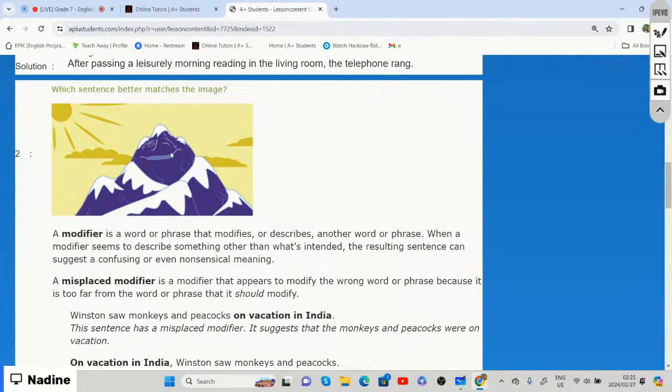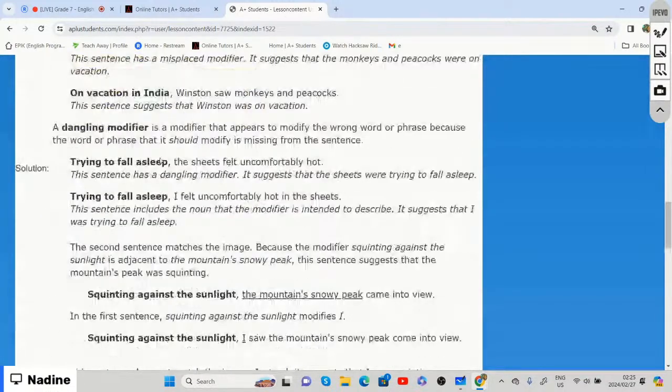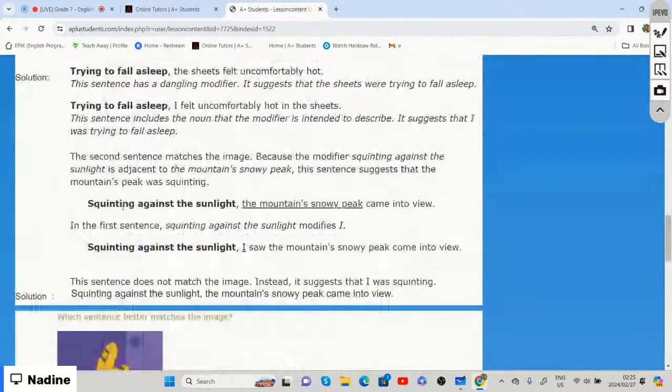If we choose which sentence best matches the picture, we have two sentences here.